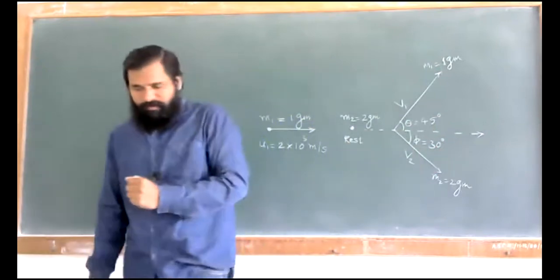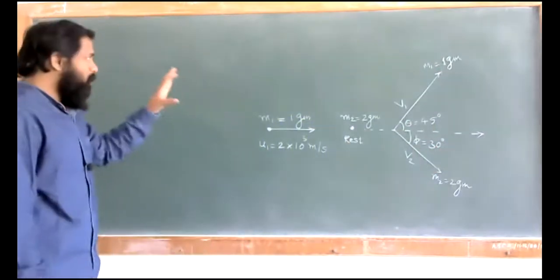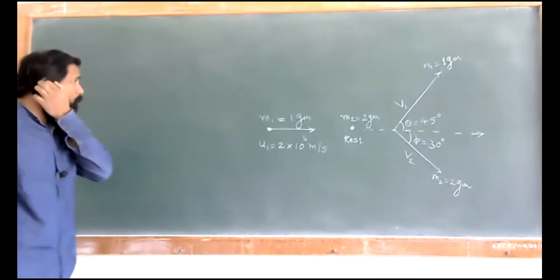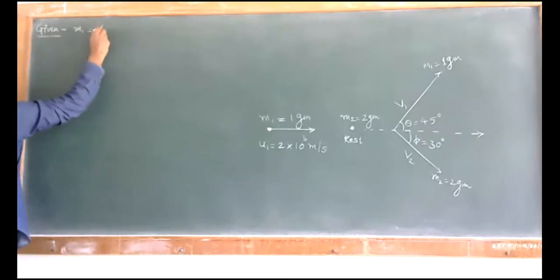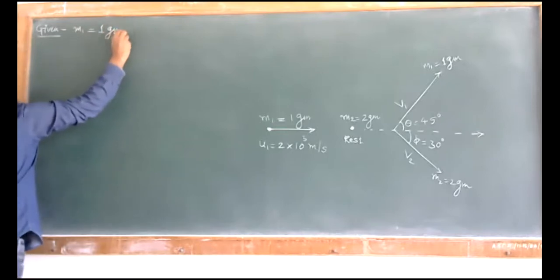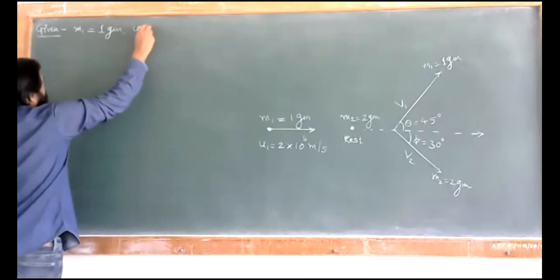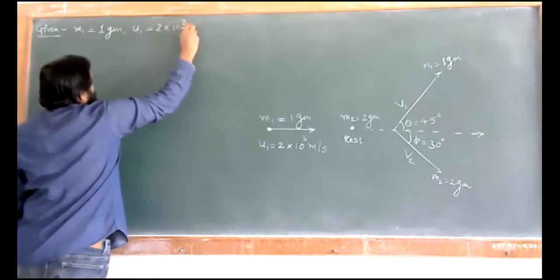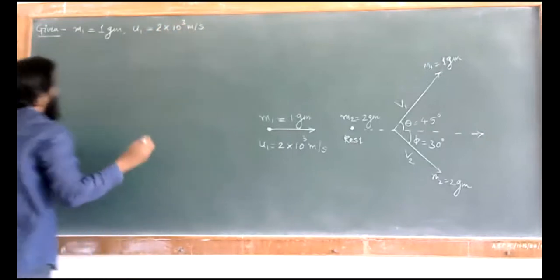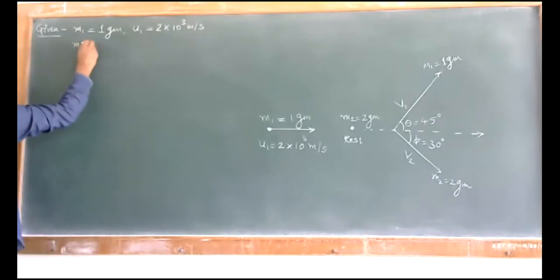What will we have to use? We will have to use the law of conservation of momentum. Look at the given things: m1 is equal to 1 gram, moving with initial velocity u1 equal to 2 into 10 raised to 3 meter per second.